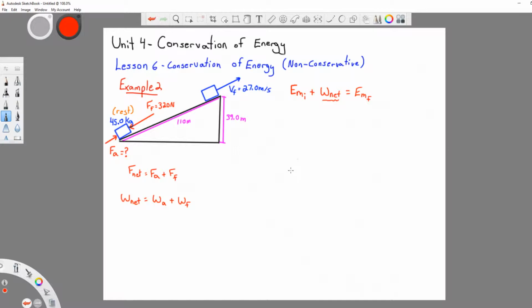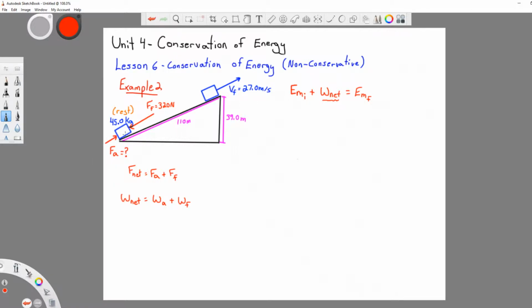Right on. So, with that said, we've got a bit of writing ahead of us. Let's talk about what we have going on up here when we break up this net work into two separate pieces. Okay, our initial energy. Let's figure out what we have for mechanical energy initial.